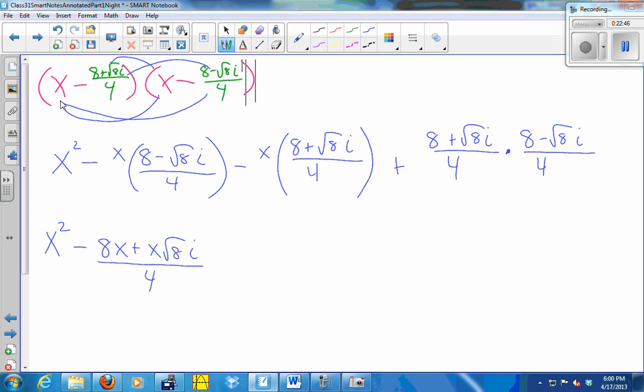That's a plus because I have a minus here and a minus here, so it becomes a plus. And then I have minus (8x minus x root 8i) all over 4.